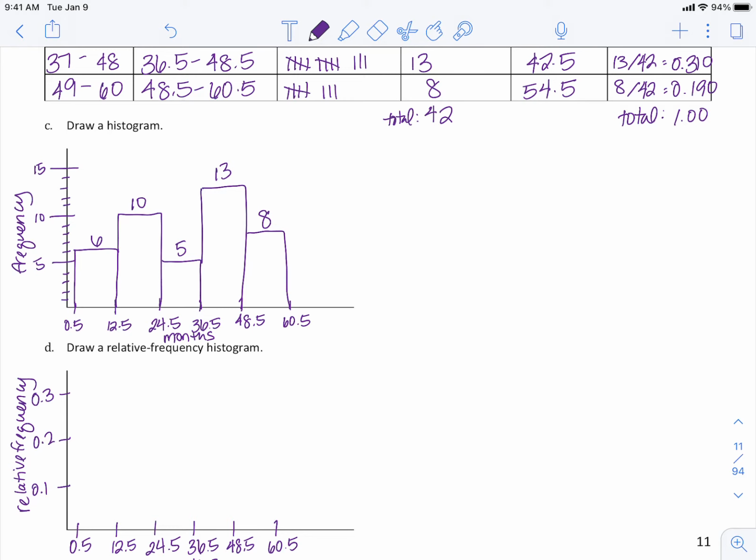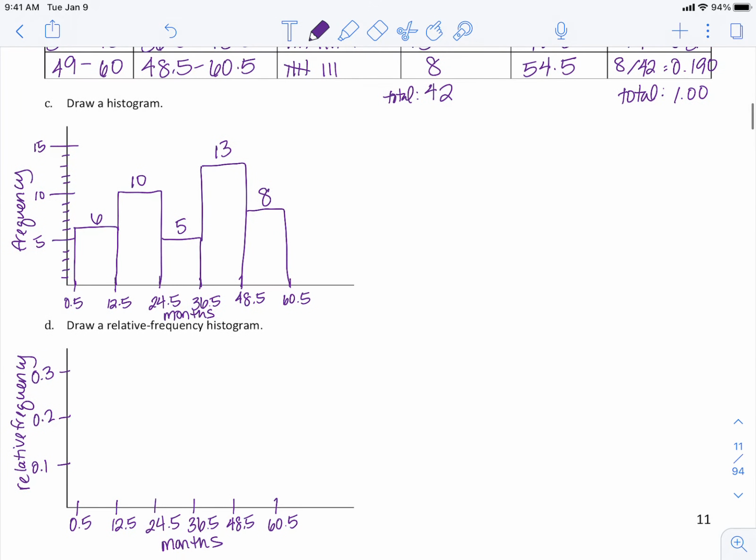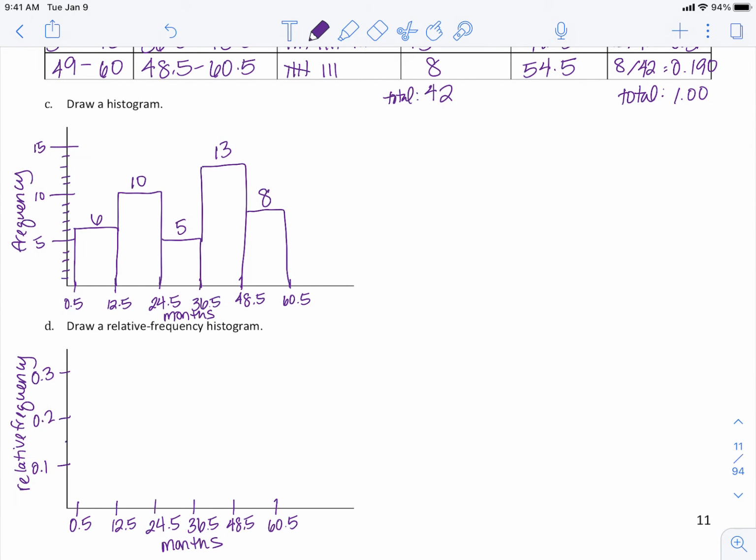Okay, so doing each of our relative frequencies, the first one we have is 0.143. Then we have 0.238.